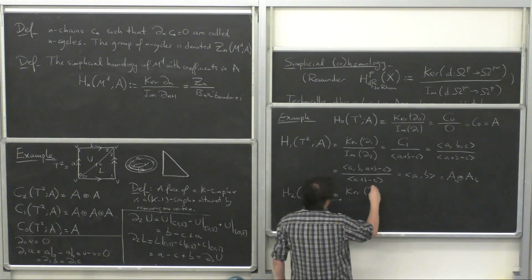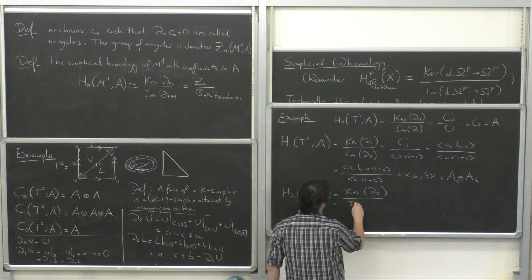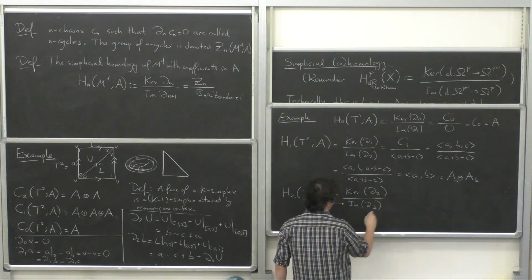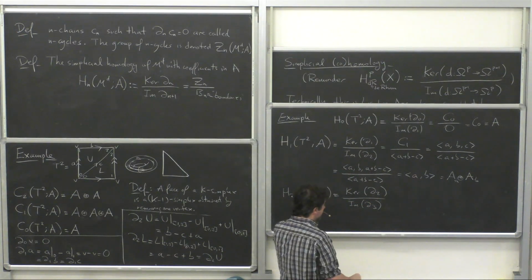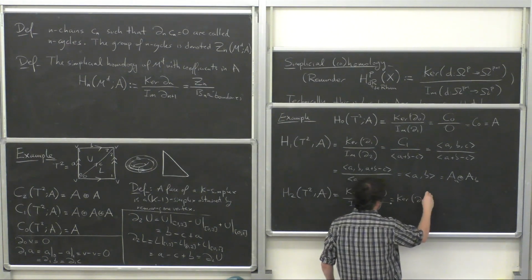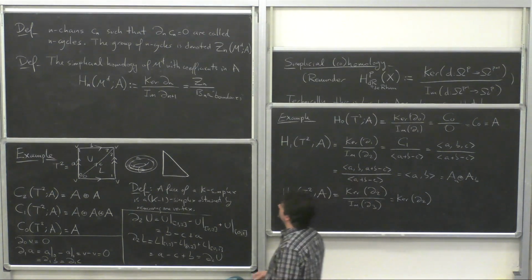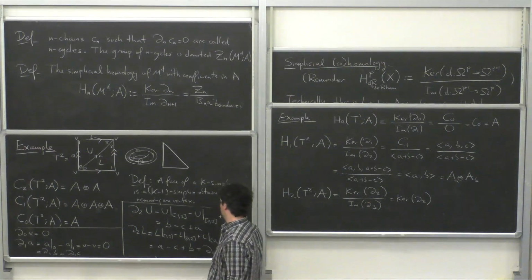It's the kernel of D2 divided by the image of D3. So this is again the kernel of D2. Now how does D2 look like?